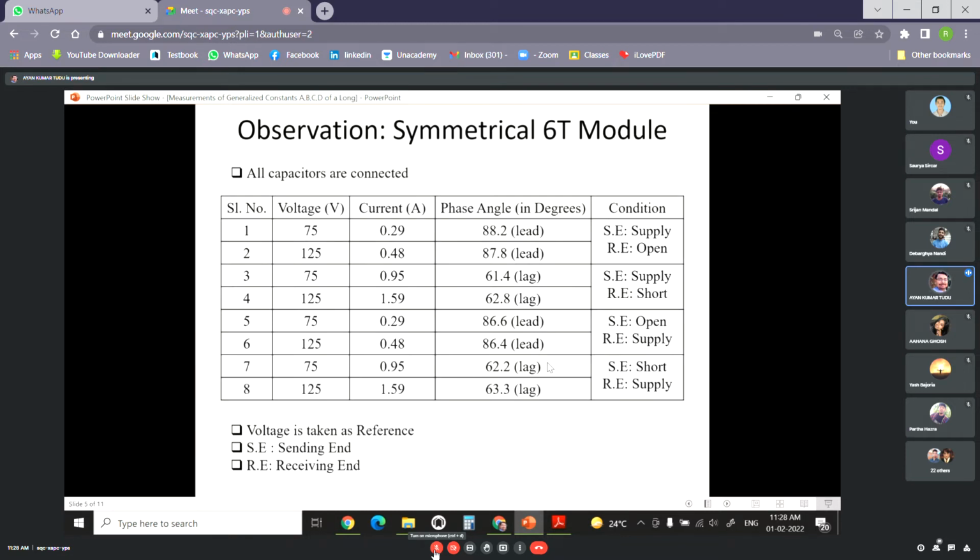So please remember that we always use these inductive reactors, which may be connected in series or parallel with the network.